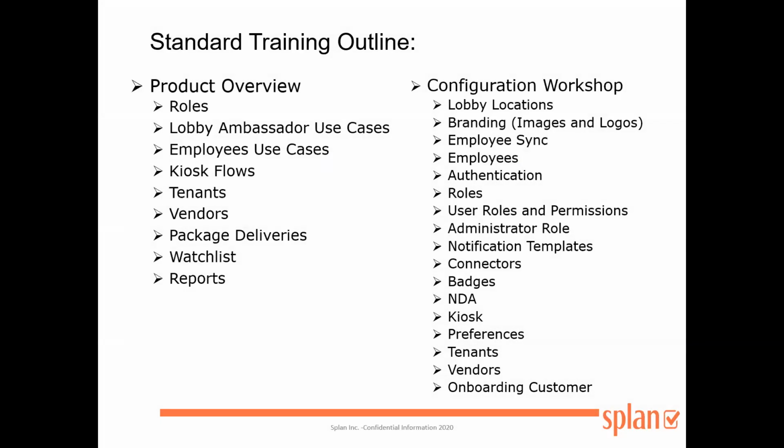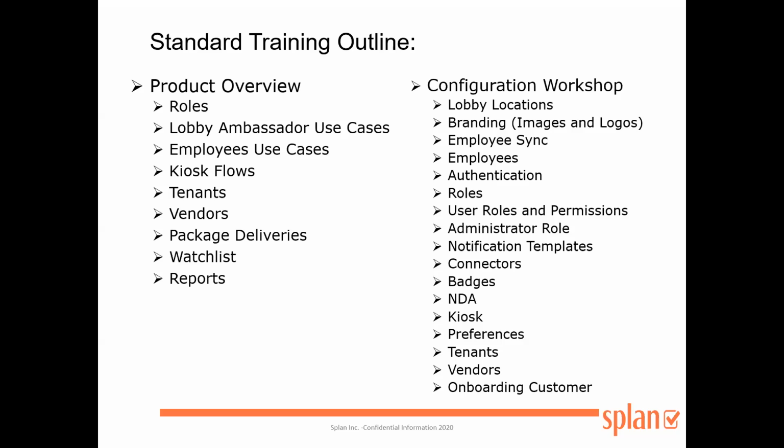So what we're doing today is going through our training outline. Product overview on the left. We're going to review the roles, lobby ambassador, which is basically your front desk, your security guard, so we call it a lobby ambassador.